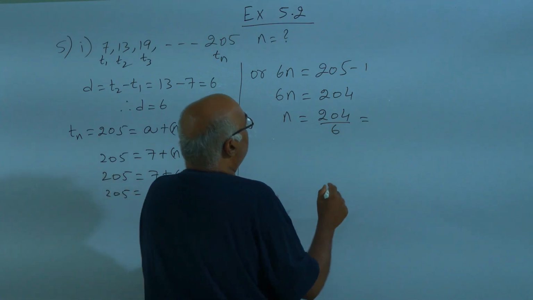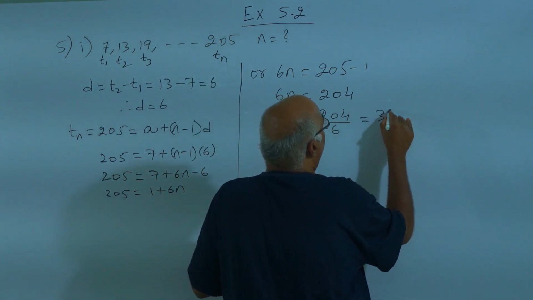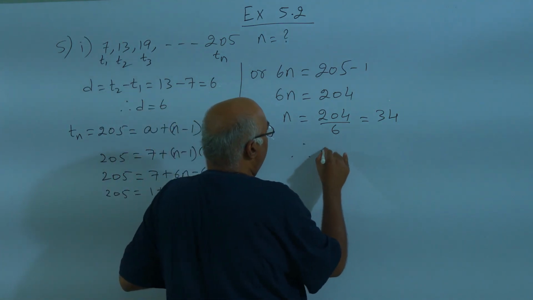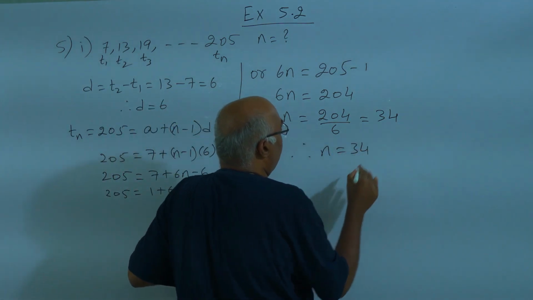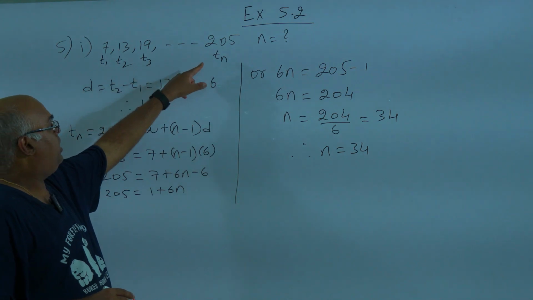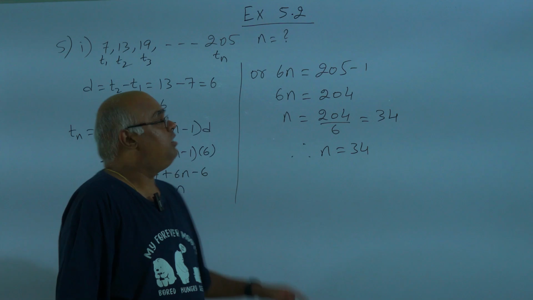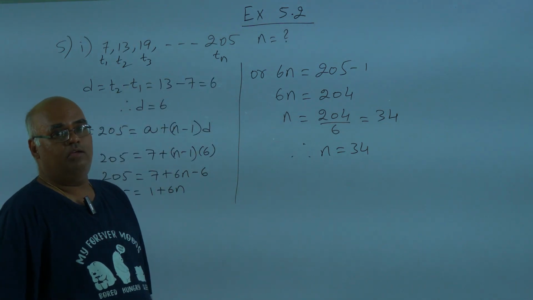This is equal to, 6 3s are 18, 6 4s are 24. Therefore, the value of n is how much? n is equal to 34. That means in this given arithmetic progression, the number of terms is equal to 34. There are a total of 34 terms in this given arithmetic progression.